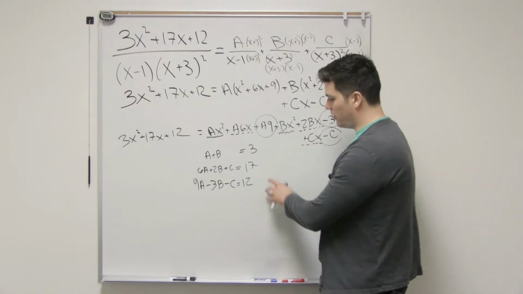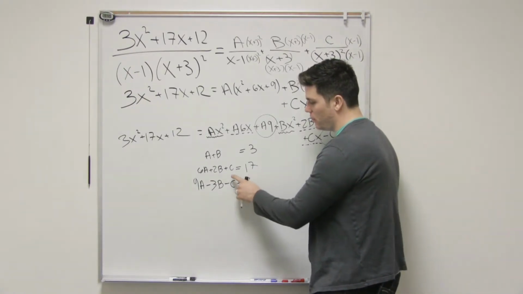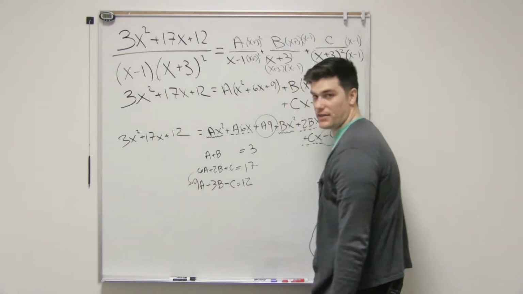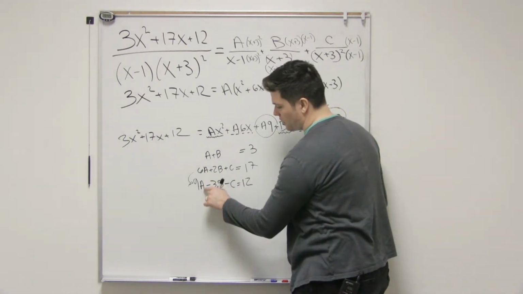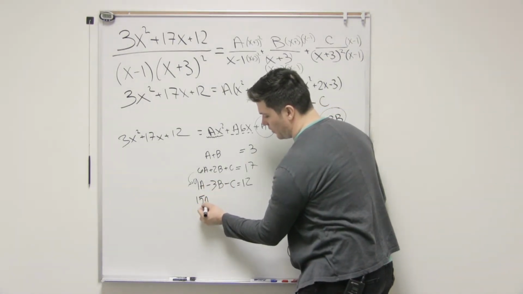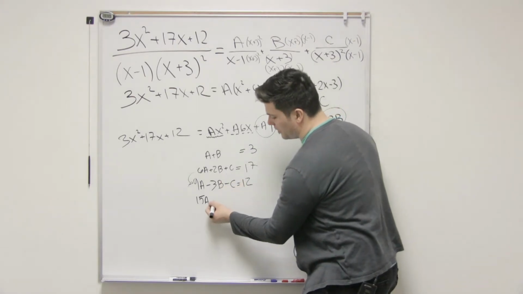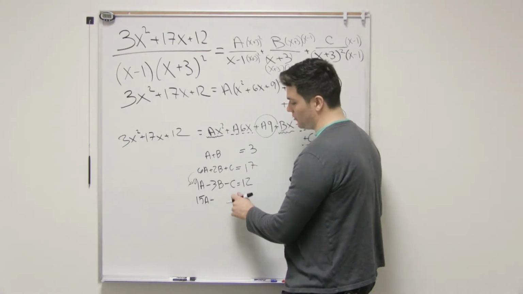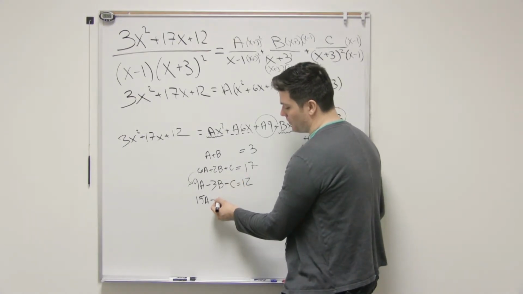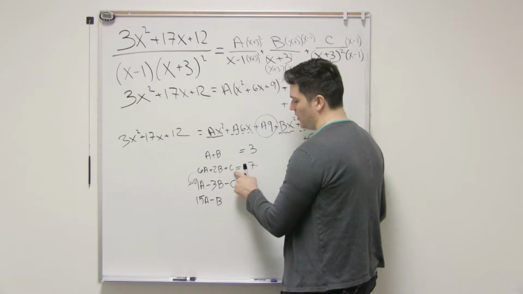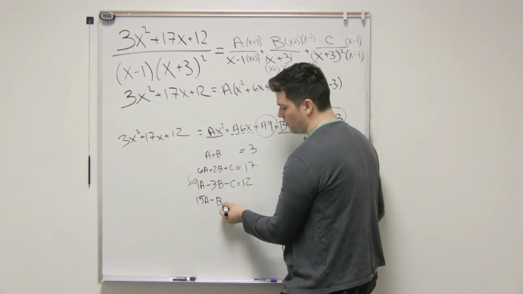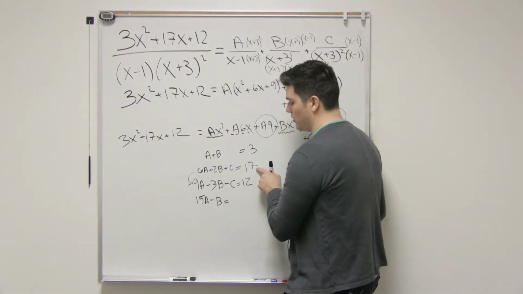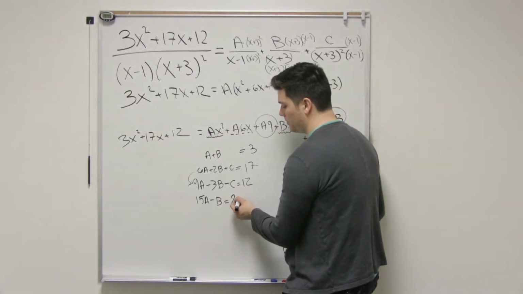Let's go ahead with these two equations. We've got a plus c and a minus c. So if we just add these, we'll be able to cancel c out of there. So 6 plus 9 is 15a. 2b minus 3b, 2b or not 2b, in case you're studying English. 2b minus 3b is negative b, and c minus c is 0. So 15a minus b equals 17 plus 12, which is 29.